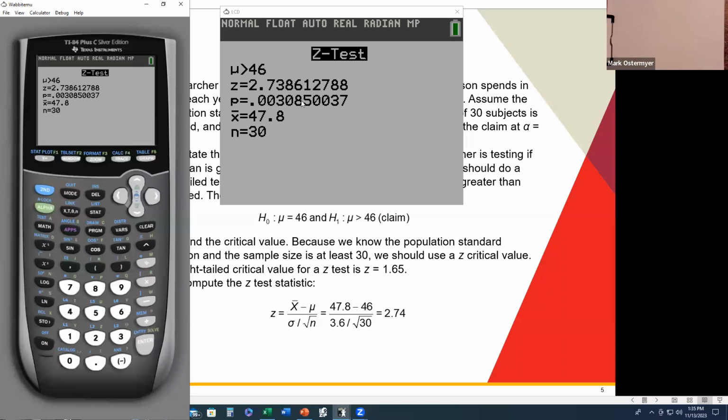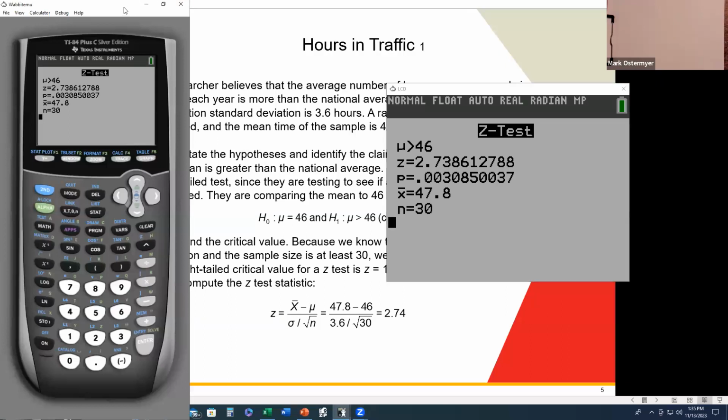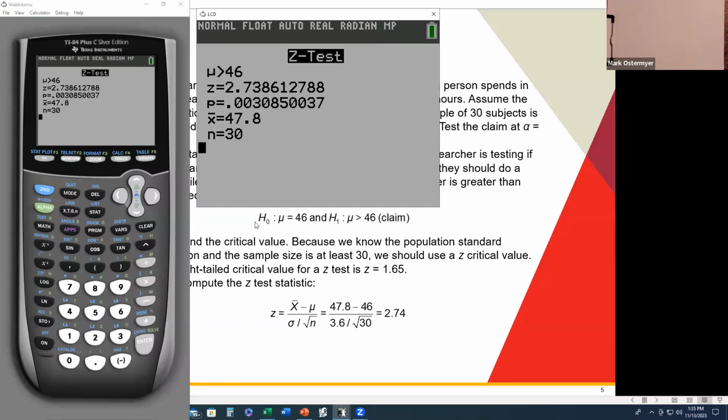What level did we test at for this problem? Wasn't it the 5% level? So I have a question for you. Is my p-value, which is 0.003, greater than or less than 5%? Less than?